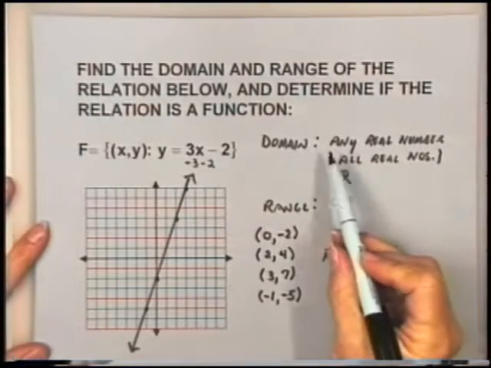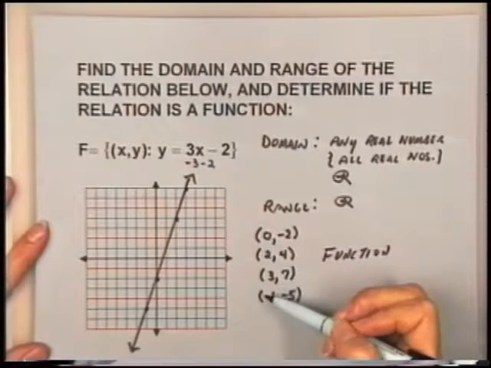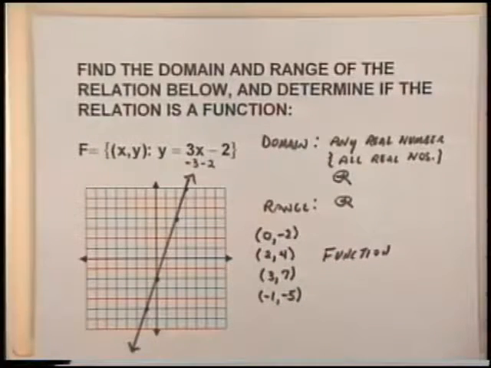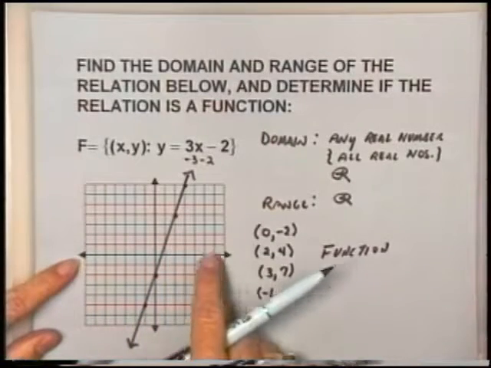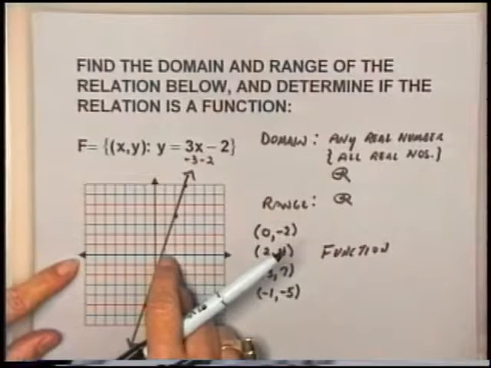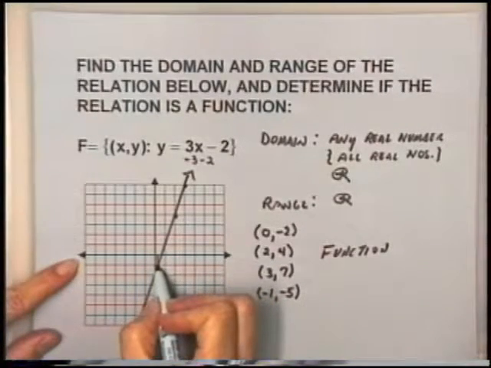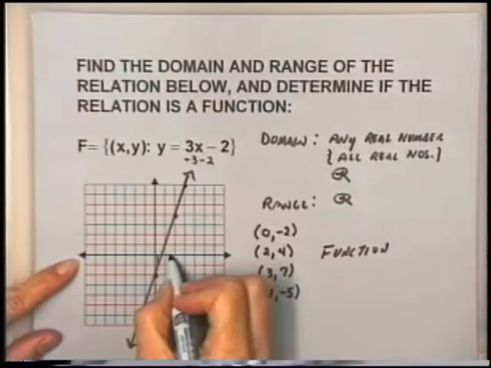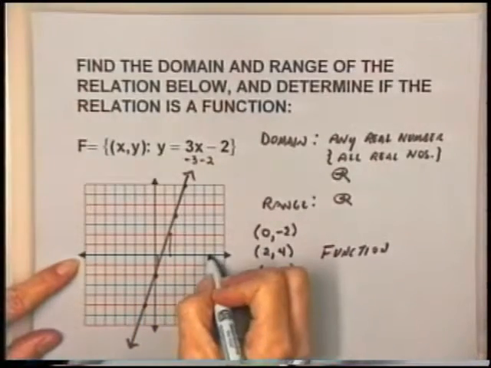Now, let's look at this graph. Recall that our domain is all of the first coordinates. In our ordered pairs, the first coordinates mean the x values. Now, this is the x-axis. Think about as you move to the right on the x-axis, any of these x values. If I choose this x value, notice there's a point down here on that graph. If I choose this x value, there's a point up here on this graph.